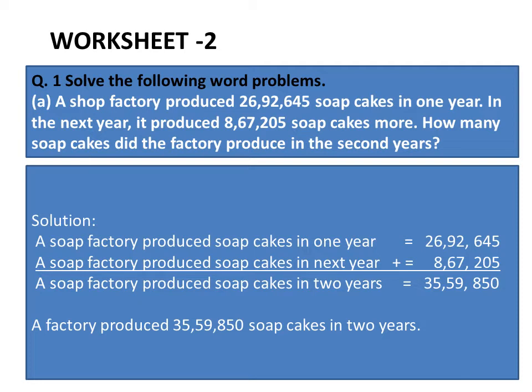Now we draw a line so our answer can go below it, and we write a plus sign on the left to show that we are adding. Then we write the third statement, and the third statement is a soap factory produced soap cakes in 2 years is equal to, see, the periods have been separated with commas. First, arrange the numbers in proper way to find the answer.